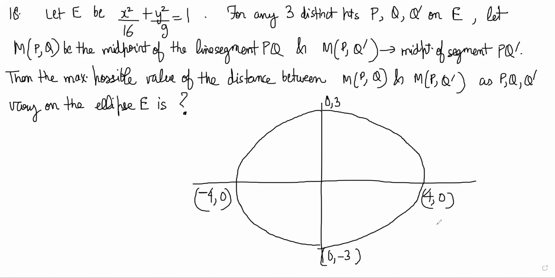So let's say P is somewhere here, Q is somewhere here, Q dash is somewhere here.